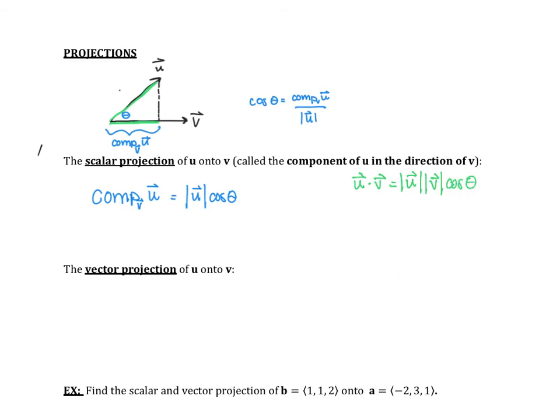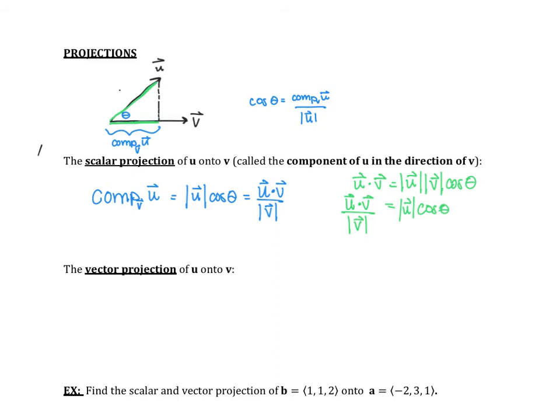Keep that in mind, because I can rewrite this so that I only have the cosine of theta times the magnitude of u: the cosine of theta times the magnitude of u equals the dot product of u dot v over the magnitude of v. So this is equivalent to the dot product, that's why this is important, over the magnitude of v. Okay, so that's the scalar projection.